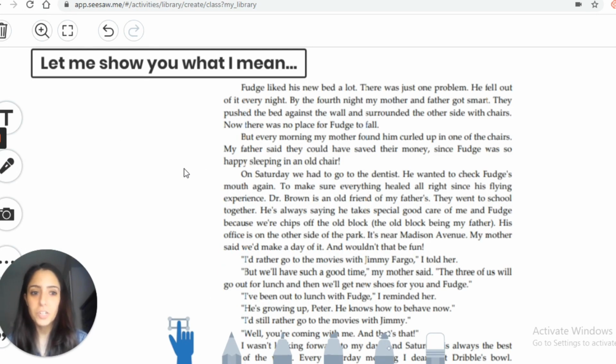Okay, so let me show you what I mean. First of all, the reason why being able to explain the point of view is important is because based on who is telling the story, it affects the information that you get as a reader, right? So if a character is inside the story, so it's a first person point of view, they're telling you the story, you're going to learn more about that character's feelings, right?